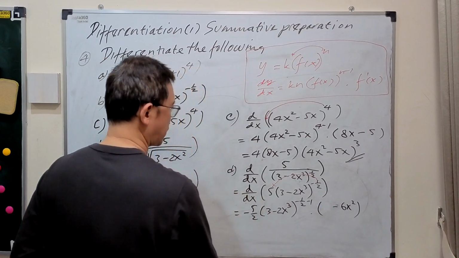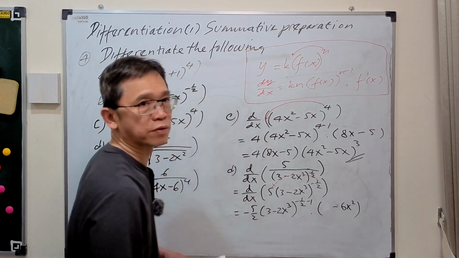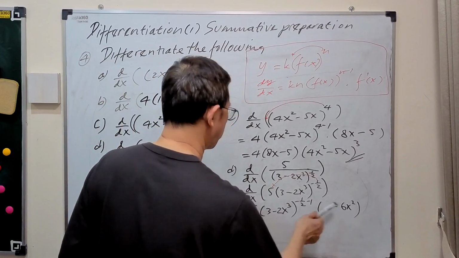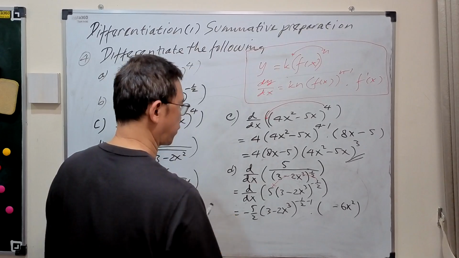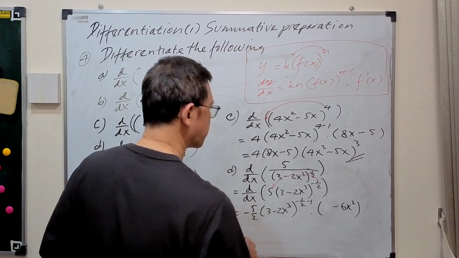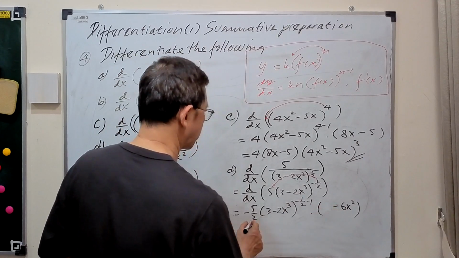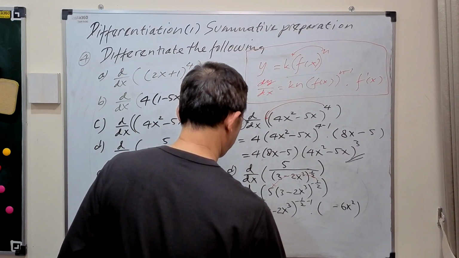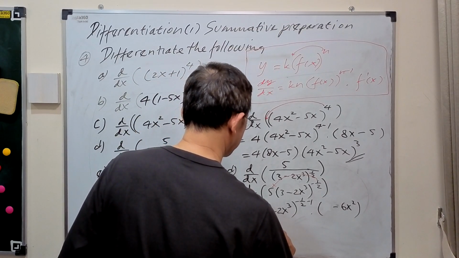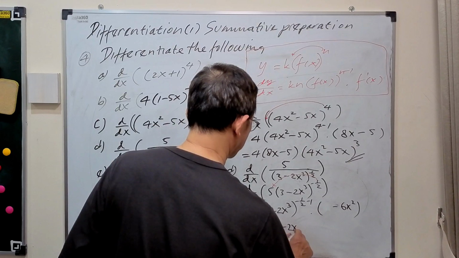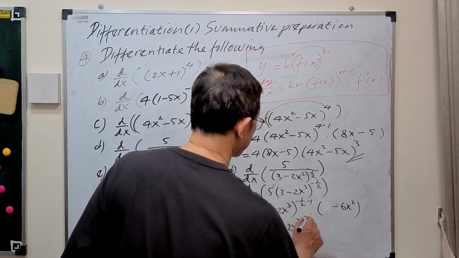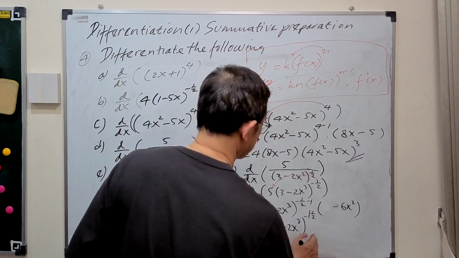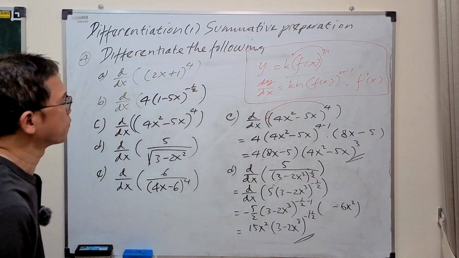So you treat as if this is negative 6x squared. Negative 6x squared can be multiplied to negative 5 over 2. This will be 6 divided by 2, 3, 3 times 5, 15x squared, times 3 minus 2x cubed to the power of negative 1.5. Yes, this is the answer for D.